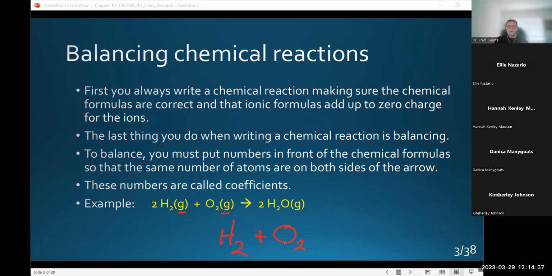Now, hydrogen in the presence of oxygen reacts to yield, to give, to yield, some key words there, which represent the arrow, and water. So hopefully we all know the formula for water is H2O, okay? H2O. Sometimes it could be something else other than H2O, and we got to figure out the formulas.